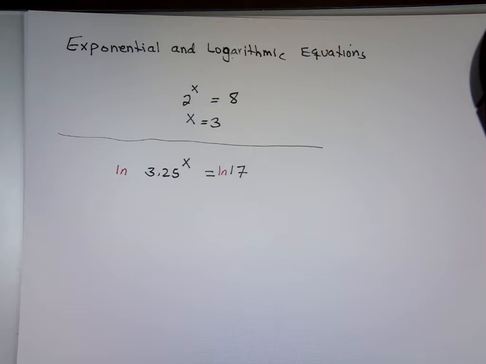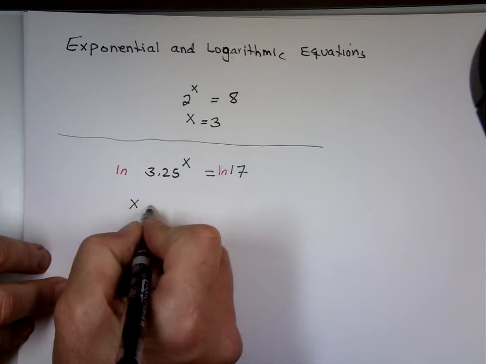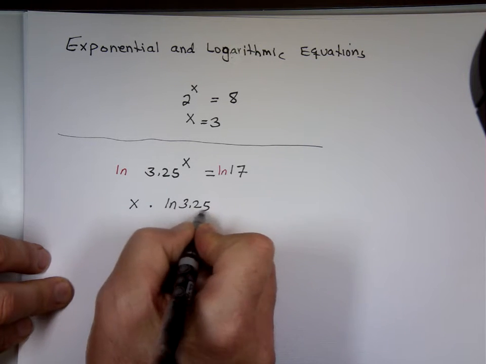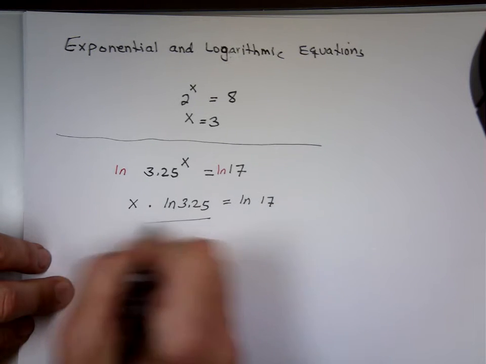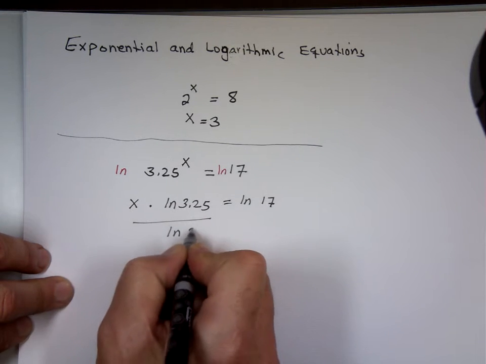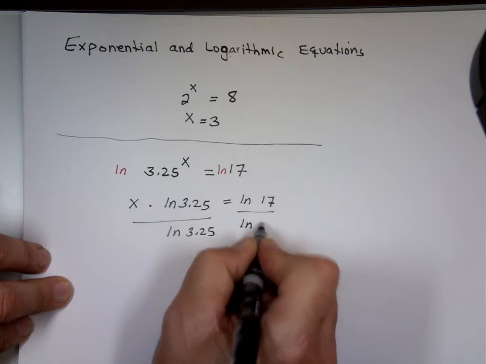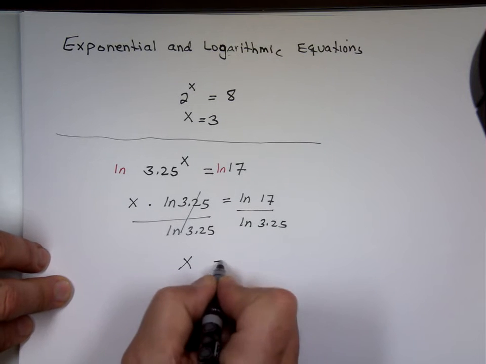Now use rule number 6. What can you do with it? Move the x. Yep, move the x to the front. Divide both sides by what? The log, or the ln, of 3.25, right? And it's not a guessing game now.